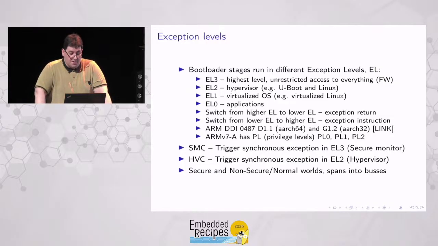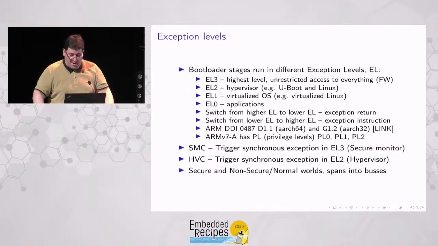This is done on the CPU side as well as on the bus side. On the CPU side, the protection of the more privileged software, which is running at the very beginning of the bootloader stack, is done using exception levels, which are specific to the CPU core.